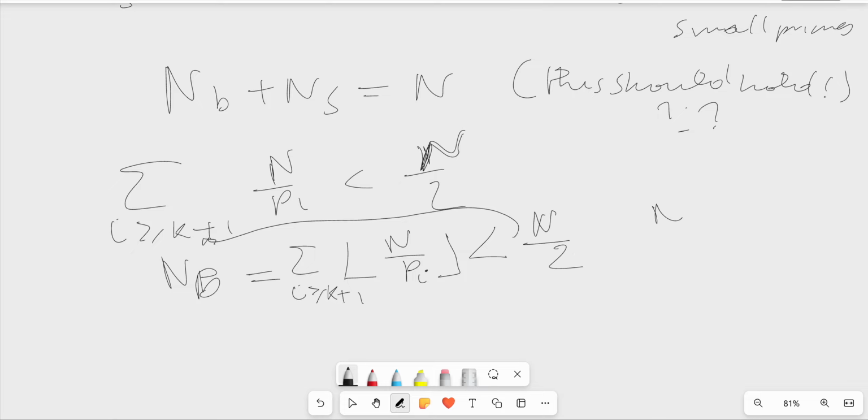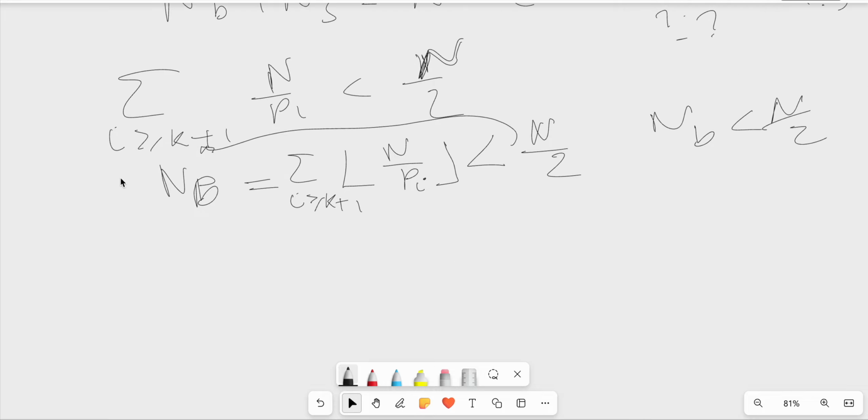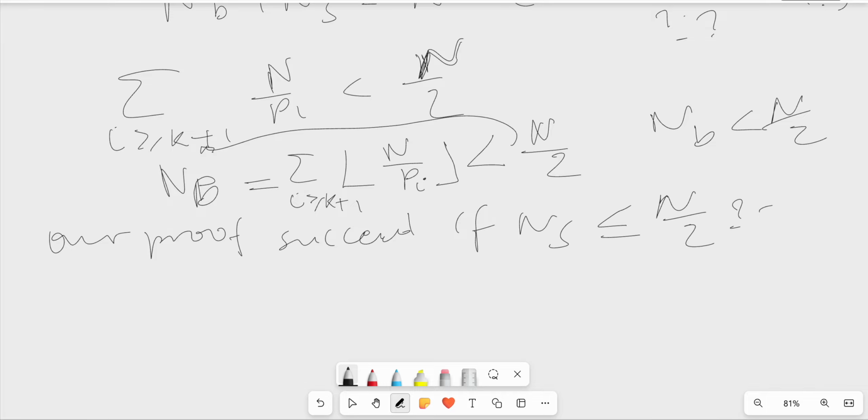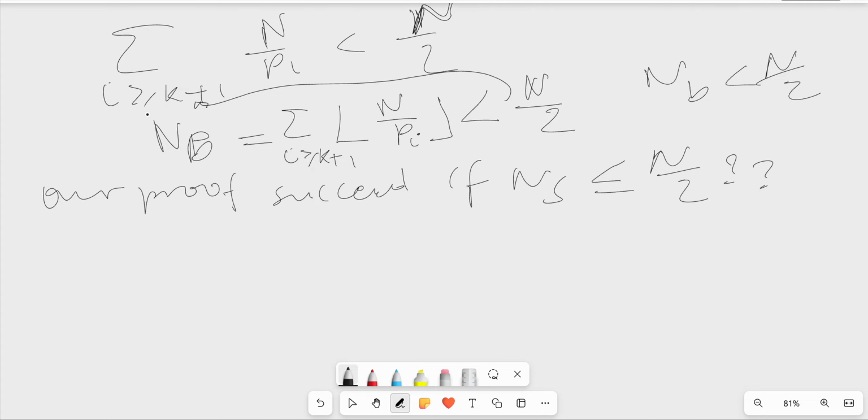So now we know NB is less than n over 2. So our proof succeeds if NS is at least n over 2. But is this possible? Let's see.